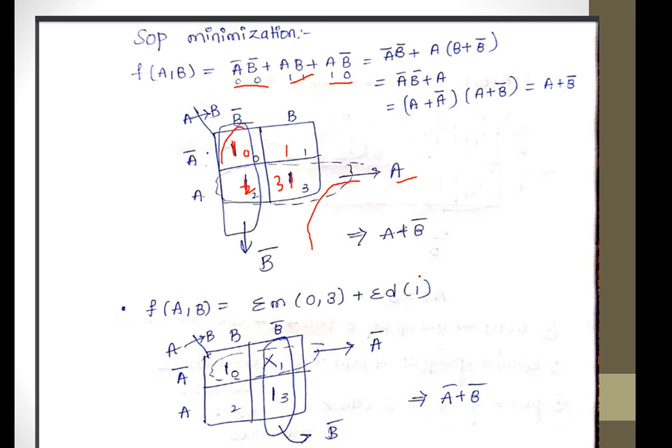If they give the don't care value, the expression is given as f of A B equal to sum of products 0 3 plus don't care of 1. So in place of 0 and 3 I am writing 1. This is the 0 cell, this is 3, and at 1 I am having the don't care. So use the don't care.